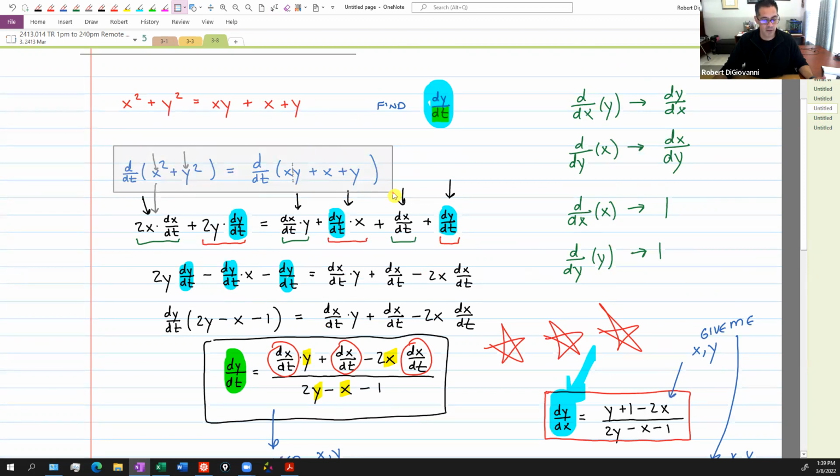So we should have the exact same derivative. The only difference is instead of solving for the blues, I would want to solve for the yellows. Do you see the dx/dt's in there? So you get all your dx/dt's on one side, everything else on the other, factor, divide through, get an answer. Make sense? I'm not going to do that one, because it's the same derivative, just solving for something different.